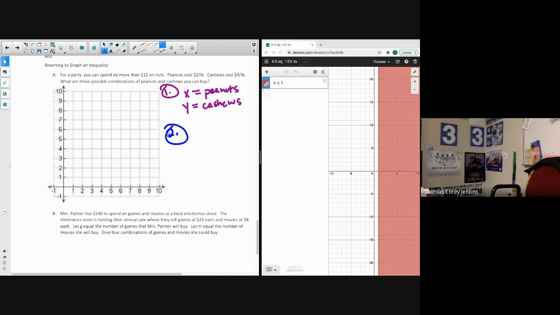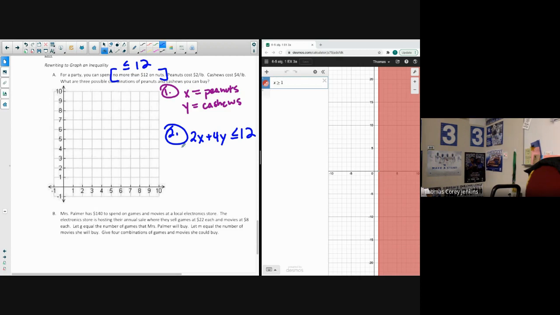So anyways, this says no more than 12, right? So that'd be less than or equal to 12. And our coefficient of x is going to be 2, because that's peanuts. Coefficient of y is going to be 4. So we'd have 2x plus 4y needs to be less than or equal to 12. If we were unsure on how to graph that boundary line, we could just punch it into Desmos.